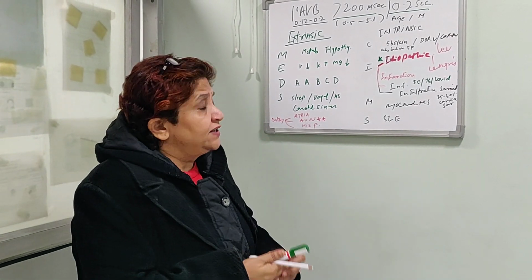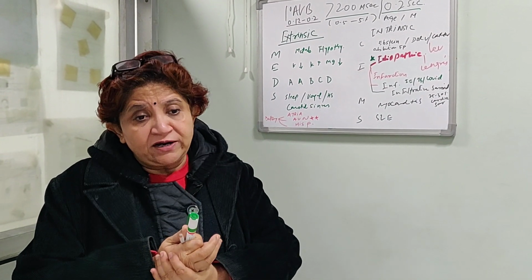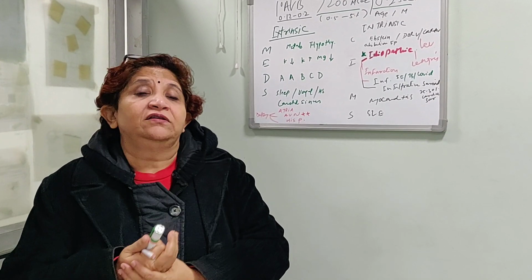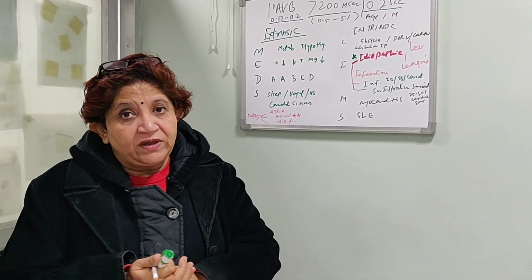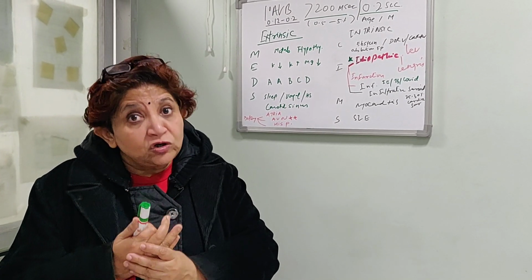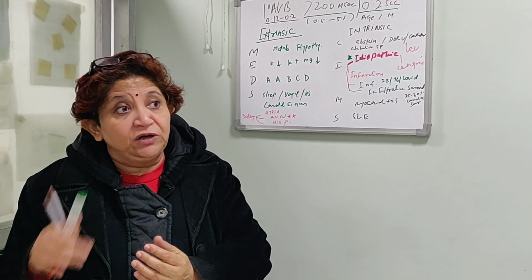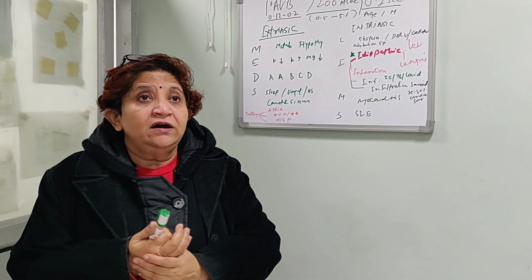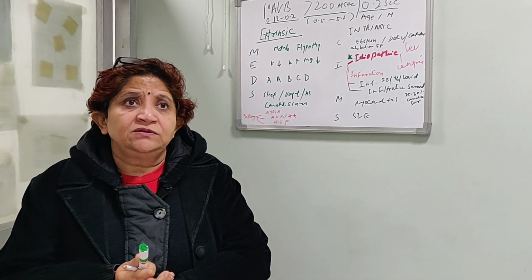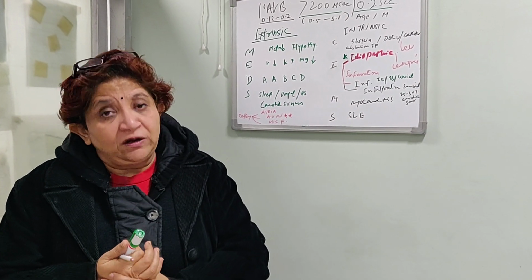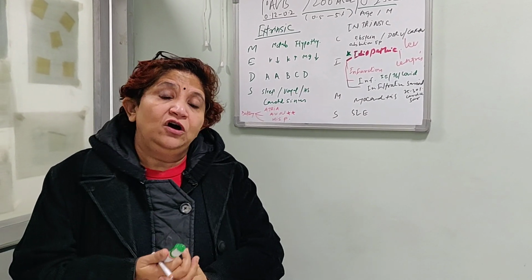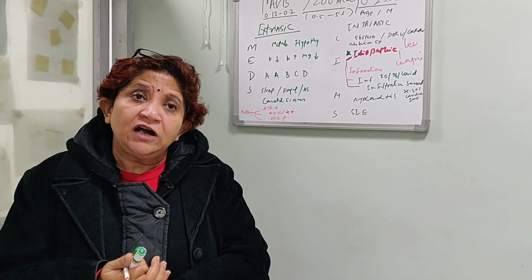And it has been seen that the first degree AV block is seen in less than 15% of the cases of myocardial infarction. And the block luckily is mostly at the level of AV node, not below down. And in most of the cases, that means more than 90% of the cases, right coronary artery is the culprit, and in 10% or less, left circumflex is the culprit.